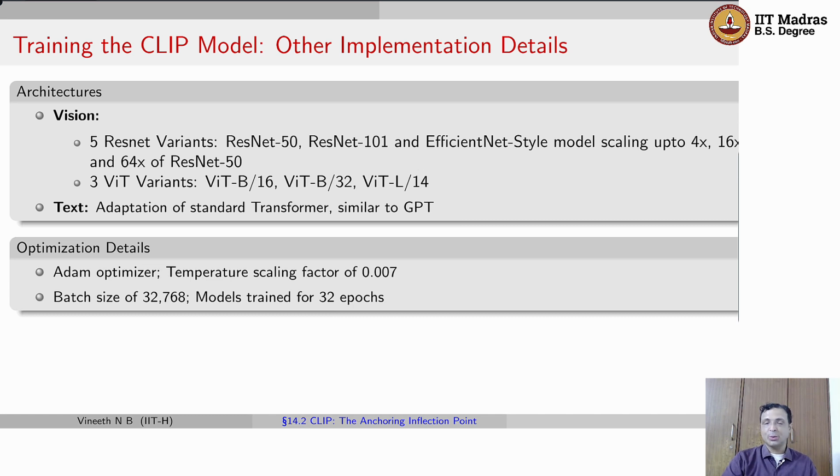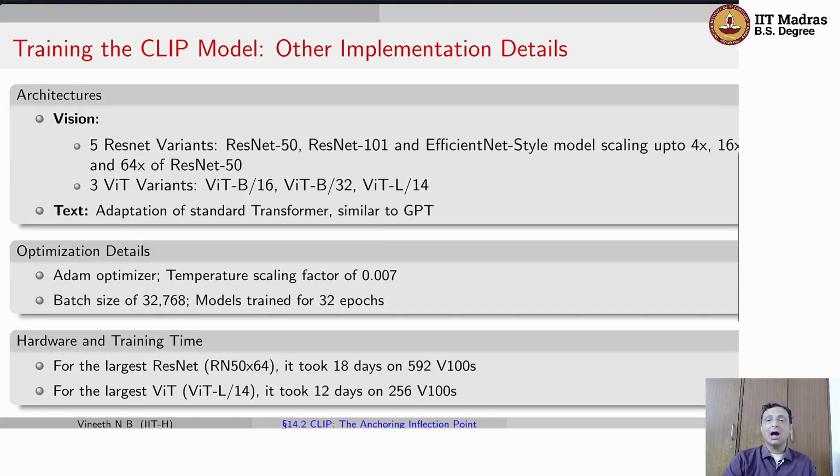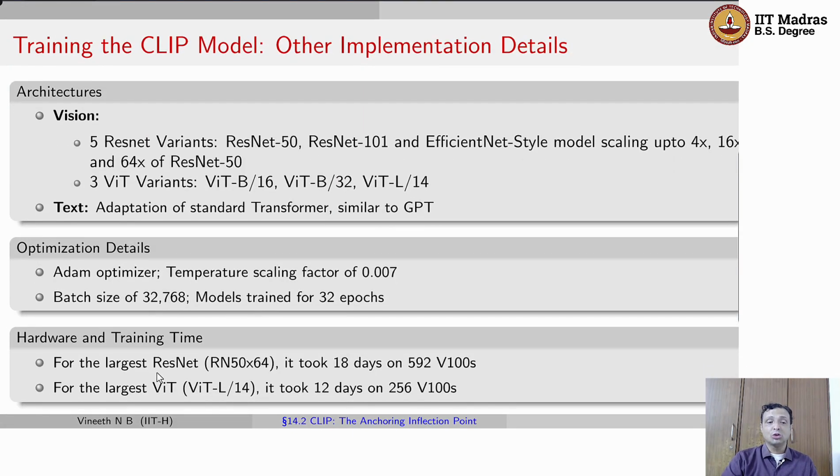An obvious query in your mind could be, how long did the model take to train and on what kind of hardware? So for the largest ResNet model, it took them about 18 days to train on 592 V100 GPUs, and for the largest ViT model, it took them about 12 days to train on 256 V100 GPUs.